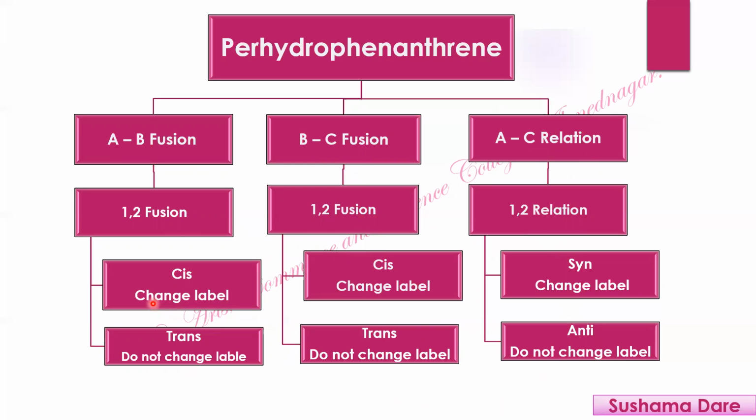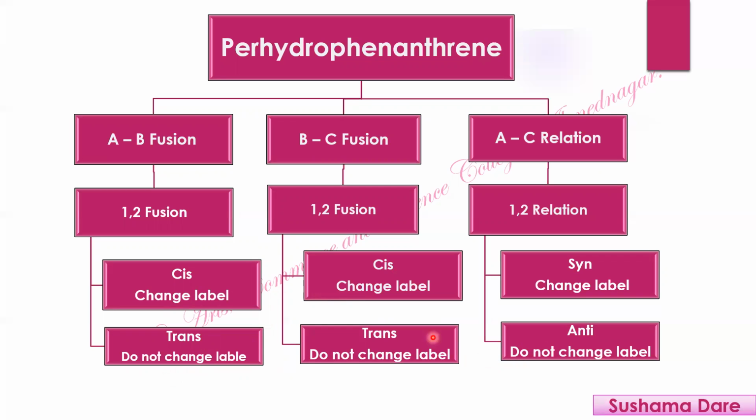One more thing I have mentioned here: if there is a cis-syn relation, then change the label. Label change means if you start with an equatorial bond, the next bond that we have to use is axial. So that is the label change. But if it is trans or anti, then don't change the label.